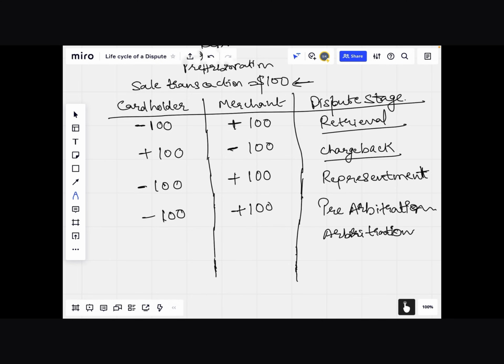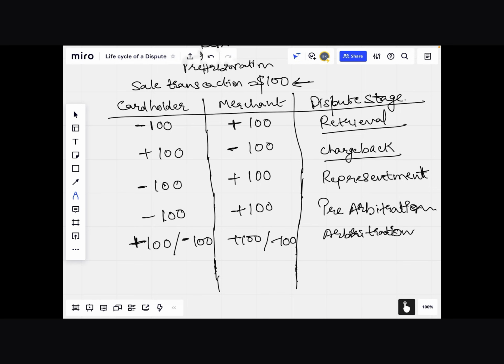So now it could go either way, right? It could be that the card holder may win this, in which case he gets the money back, or he may not, in which case the merchant gets the money back. So it could be either way, but this is the final decision.